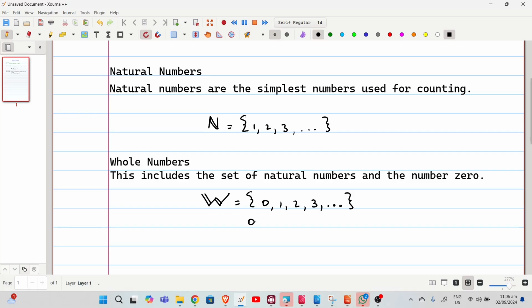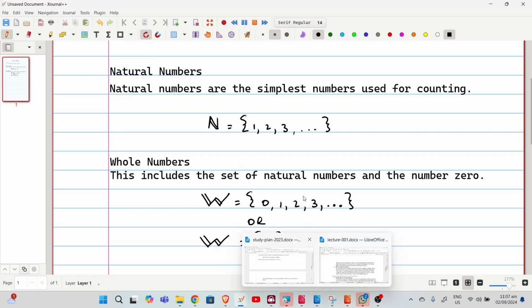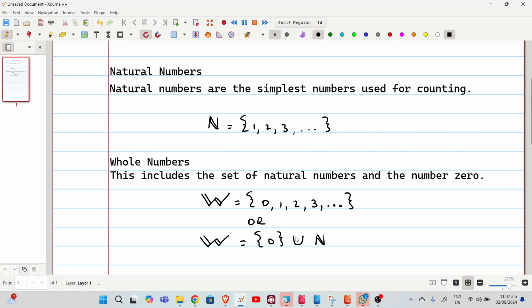Or another way you can write it is that whole numbers is equal to the number 0 combined with natural numbers. This is the symbol for union, and we'll talk about that a little later when we start talking about sets.